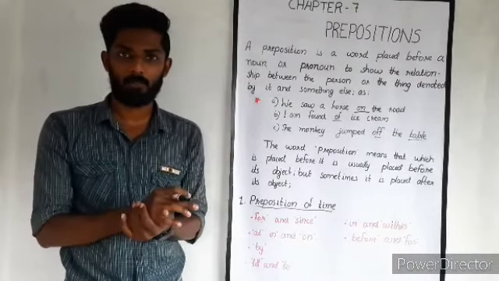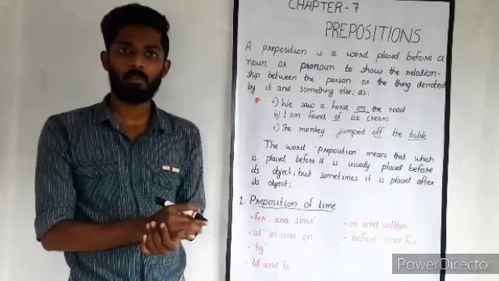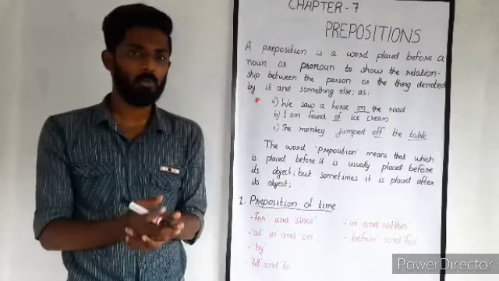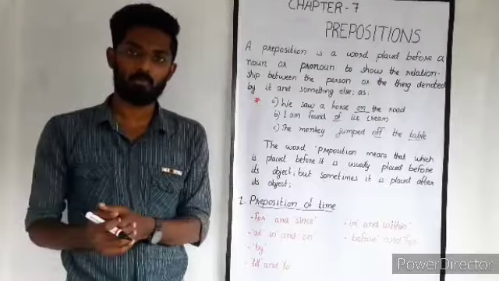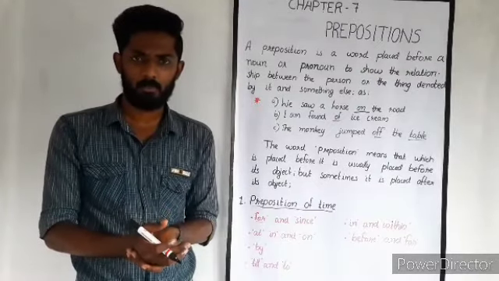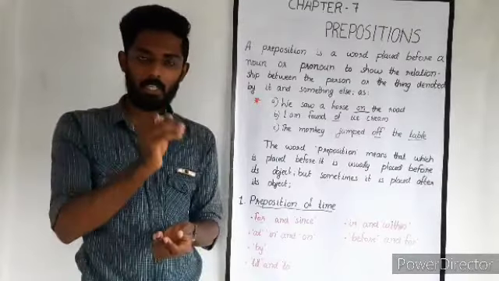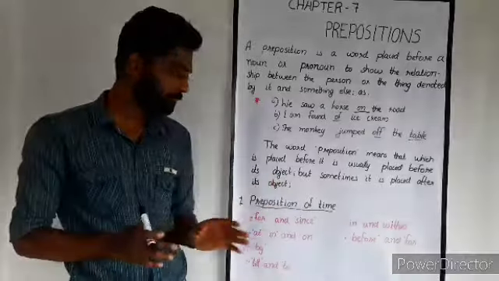For example, I am going for shopping tomorrow. We won't say "I am going for shopping on tomorrow". That is wrong usage, because we will use on only with the days or with the dates.